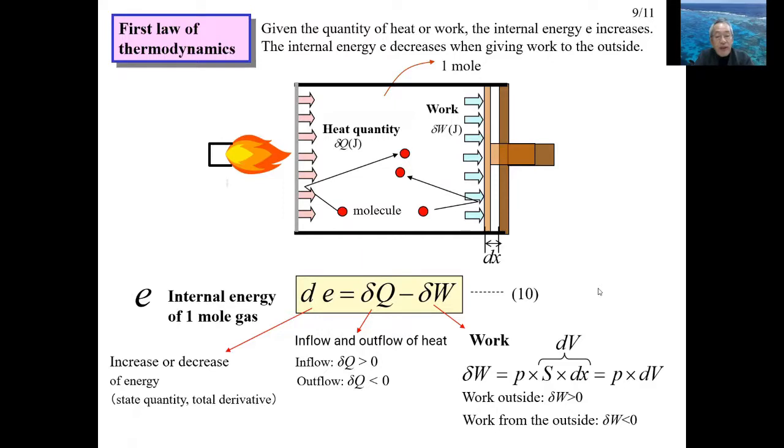The inflow and outflow of heat and work are the causes that affect the internal state, but they are not state quantities. Therefore, the letter D is prepended to E, and the Greek letter delta is prepended to Q and W to distinguish the state quantity from Q and W.